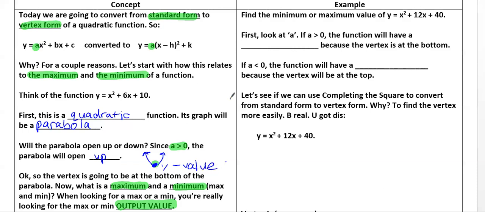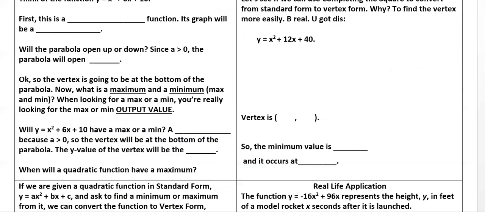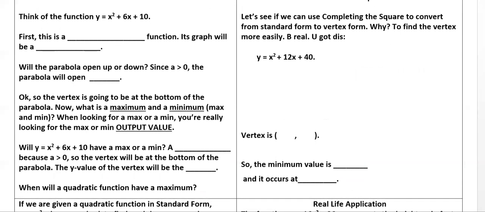Okay, so let's keep on going. Will x squared plus 6x plus 10 have a max or a min? It's going to have a min because a is greater than 0, so it's facing upwards. So the vertex will be at the bottom of the parabola.